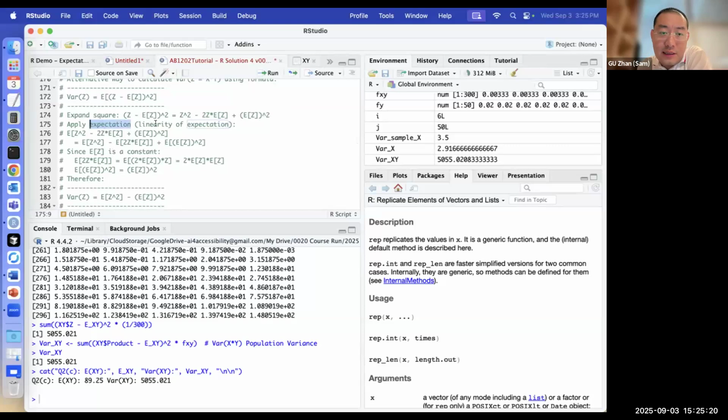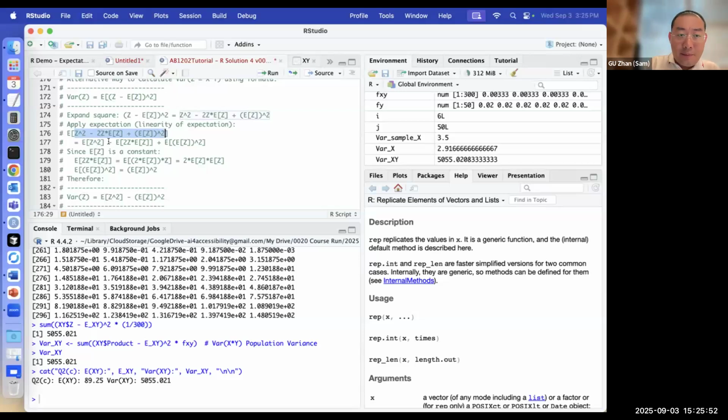Apply linearity of expectation. So this part, we'll rearrange a little bit. This is equal to expected z power 2, right?